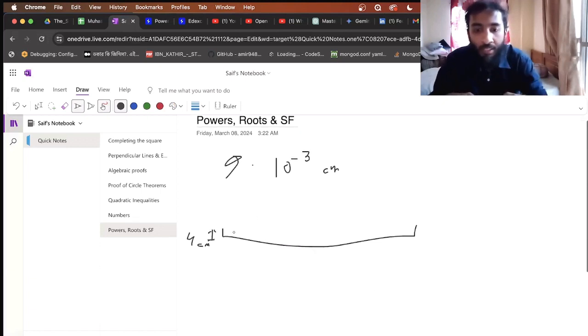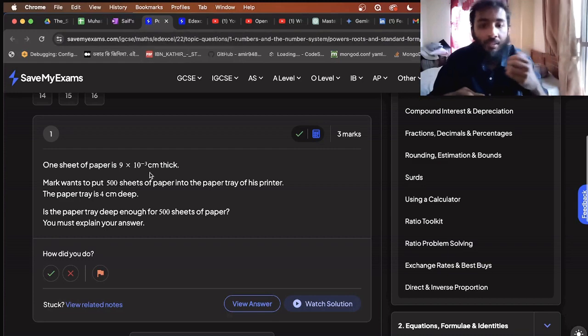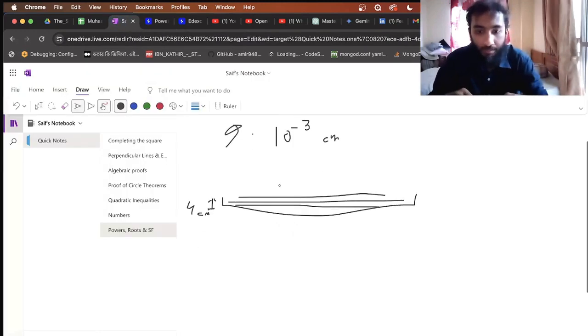So how many pieces of paper can it hold? Can it hold 500 sheets of paper? That's the question, so you have to explain. In order for this tray to contain 500 sheets of paper, let's check whether it can or not.